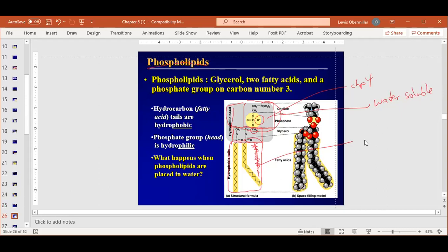Nonpolar. No. So this is one of those amphipathic molecules that we talked about. It has a dual nature. One end is water fearing and one end is water loving. And this is really important in the formation of cell membranes. So phospholipids are found in cell membranes.